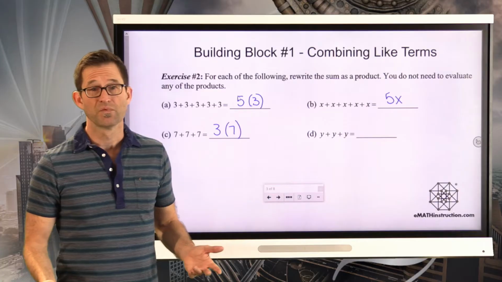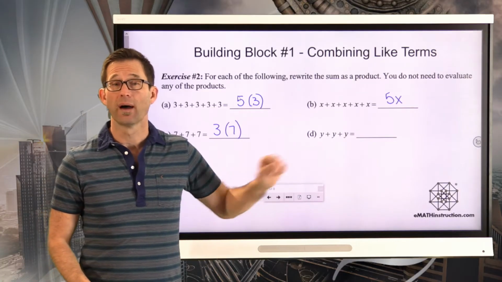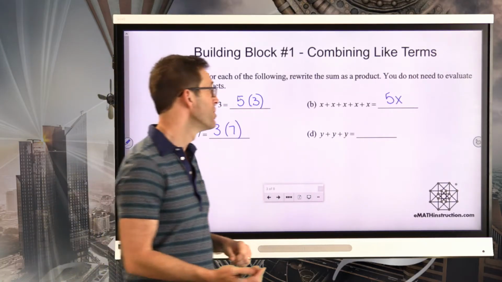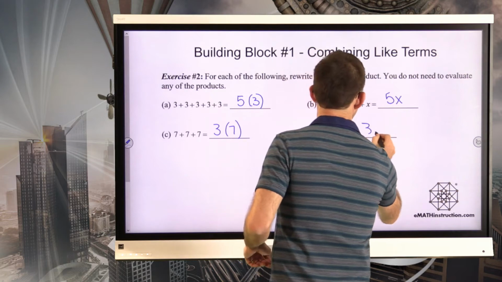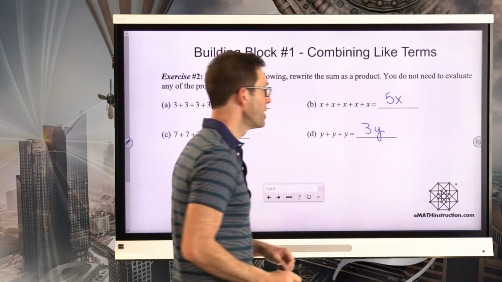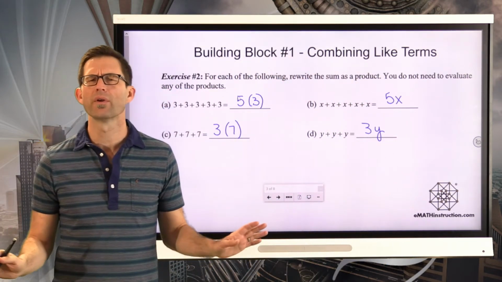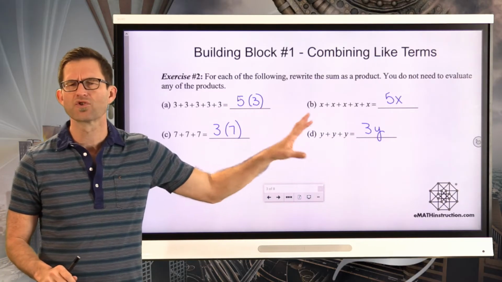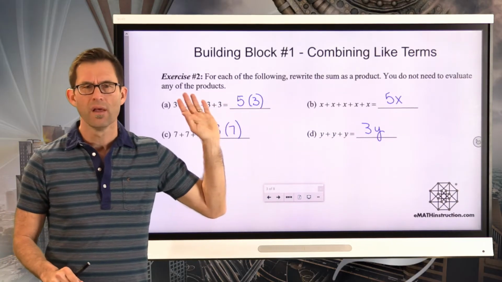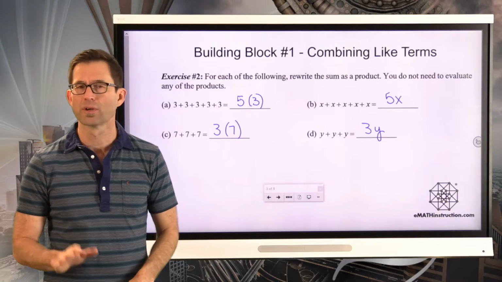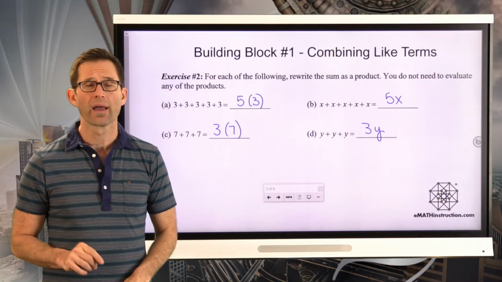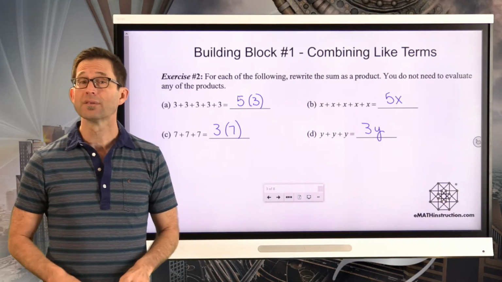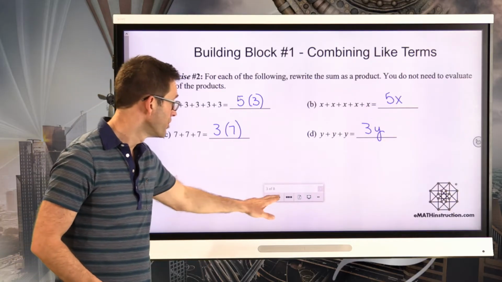And if I have y plus y plus y added together, that is just the same as 3 times y. All right, so very, very easy. Nothing stressful here. If you're thinking, this is like Algebra 101 from last year, or 5th grade even, I completely agree.